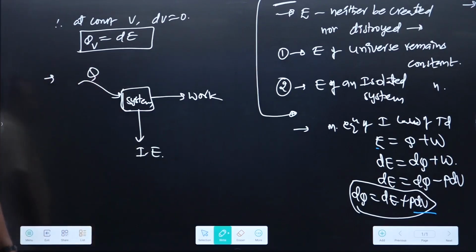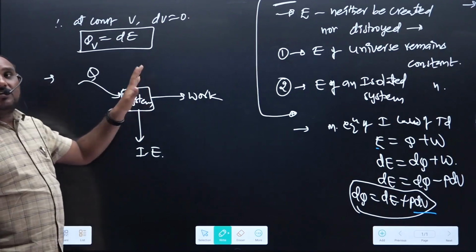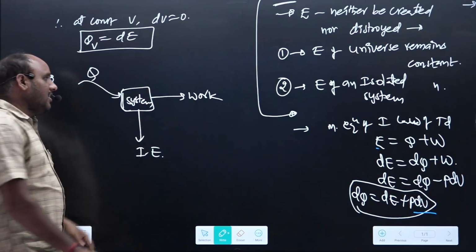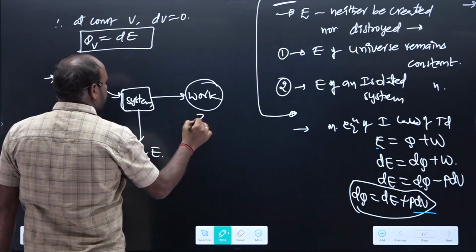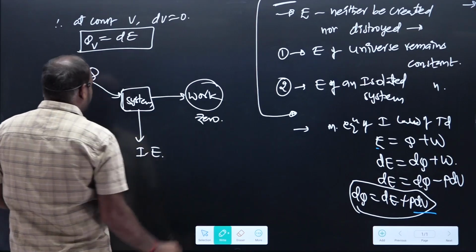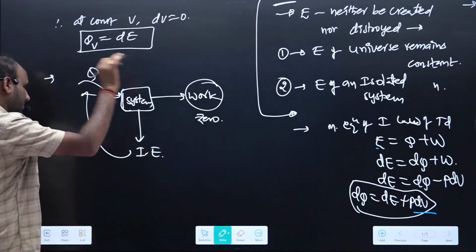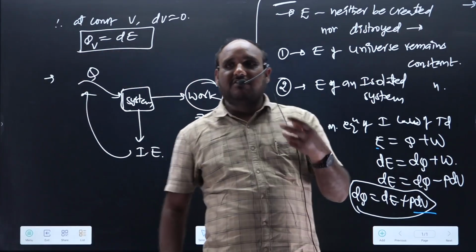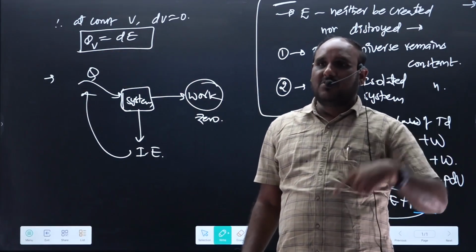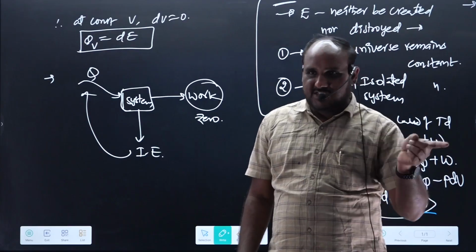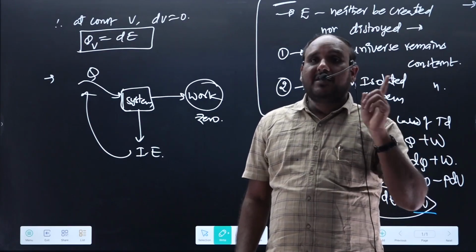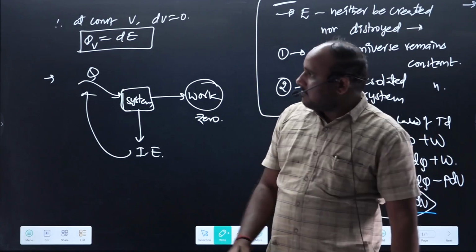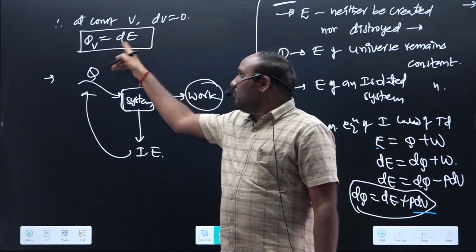The system is at constant volume, so work is 0. Therefore internal energy equals the heat exchange, the heat absorbed by the system from the surroundings. That is why this is the equation QV.